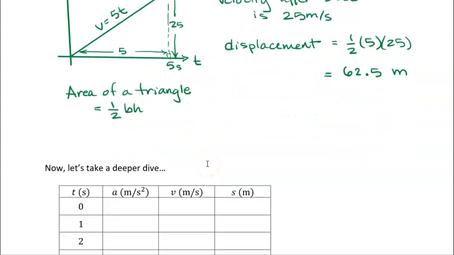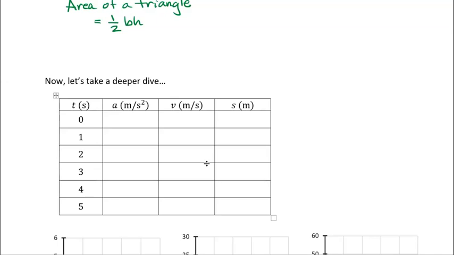All right, so let's take a deeper dive into this one. Now I'm going to make a little table. We're going to go for 5 seconds. The acceleration is constant, so it's a constant 5. I'm going to write out the acceleration and the velocity for this 5 second interval.